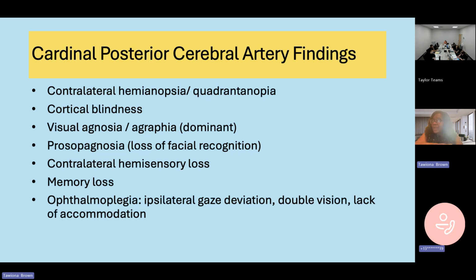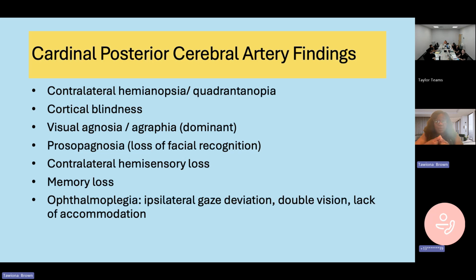Are we cool there? So now, if you had to recap, if I were you and I'm trying to remember the most important components of each of those syndromes, I would think of the homunculus. If it's the ACA, it's primarily the lower extremities and the genitals.